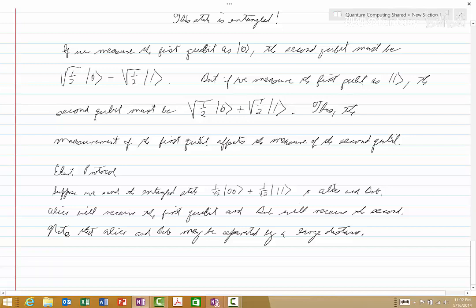Now, before I go any further, I want to encourage you to verify for yourselves that this state is entangled.